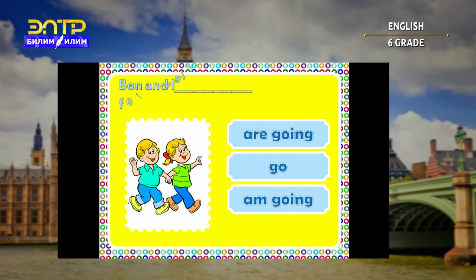Now, what about this sentence? Ben and I am going for a walk this afternoon. This is an action that is happening today, and that's why we should use present continuous.